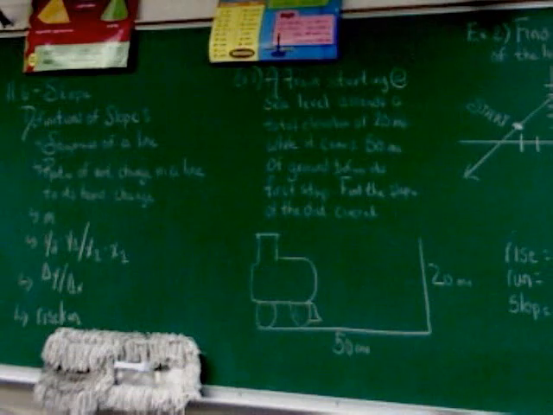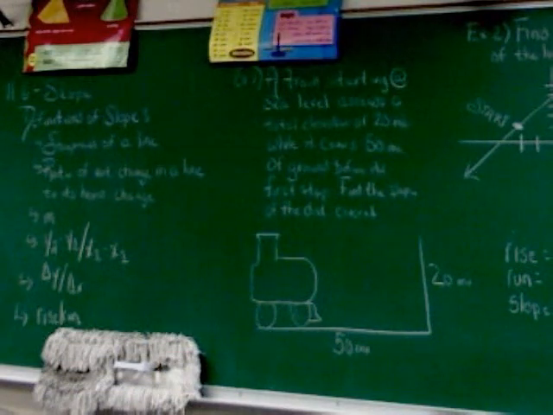Again, from the top. Slope is the steepness of a line, the ratio of the vertical change in a line to its horizontal change. M, which is how slope shows up in a formula.